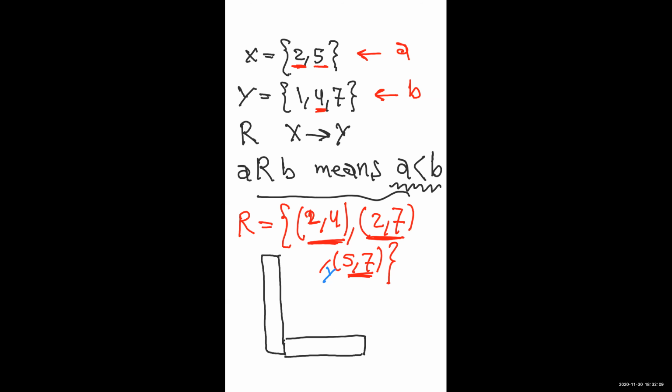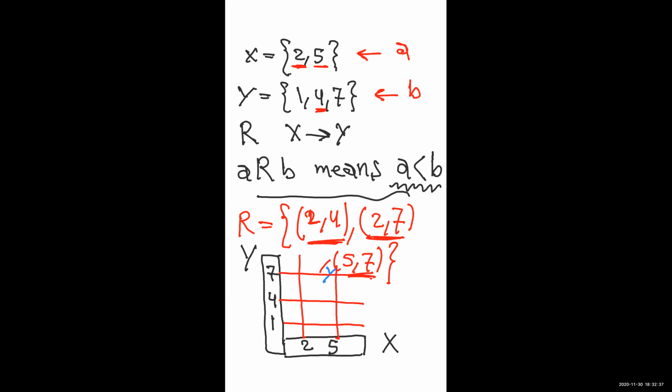This one, which is horizontal, represents X, and this one represents Y. The elements inside X are 2 and 5, and inside Y, 1 and 4 and 7. Then draw the perpendicular net, which is horizontal lines from 1, 4 and 7, and vertical lines from 2 and 5, like this.